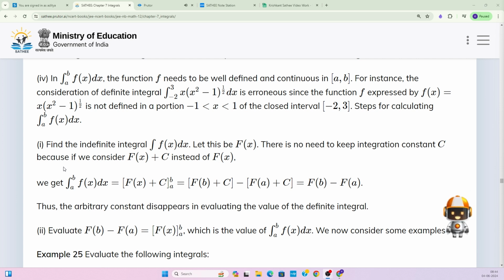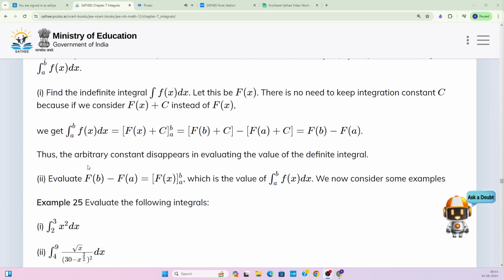Second, after finding the indefinite integral, you evaluate capital F(b) minus F(a), which is the value of the definite integral from a to b of f(x) dx. We now consider some examples.